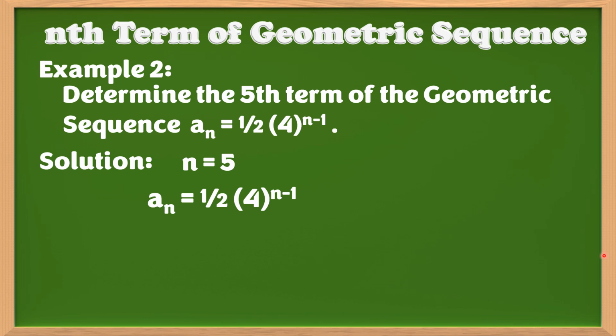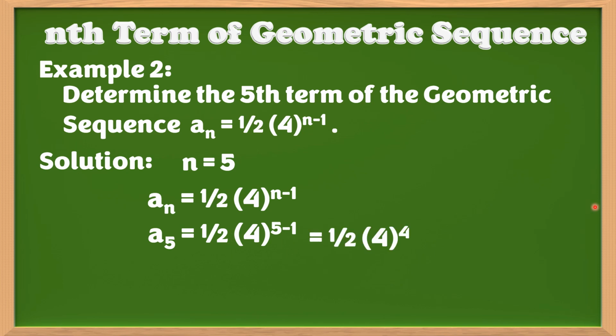The equation will become a sub 5 equals 1/2 times 4 raised to 5 minus 1. Then we simplify: 5 minus 1 is equal to 4, so a sub 5 is equal to 1/2 times 4 raised to 4.